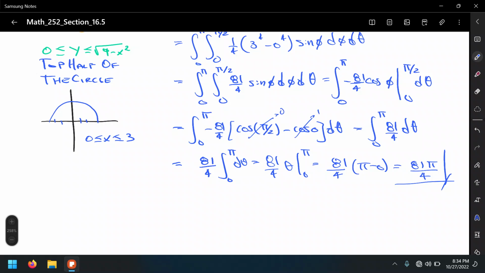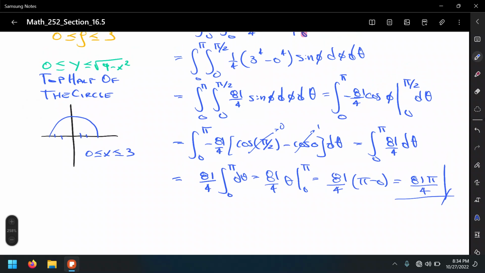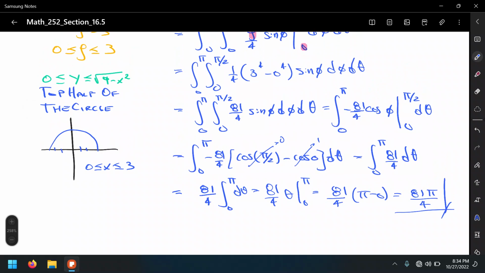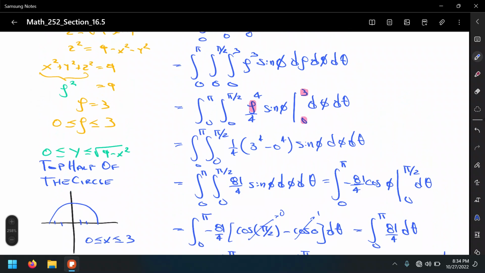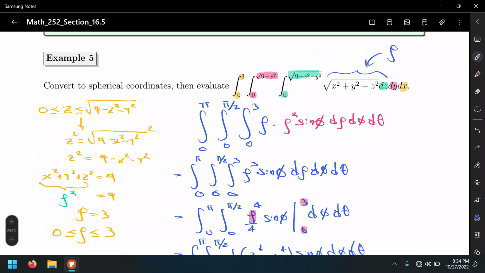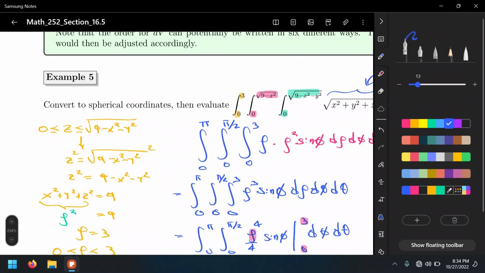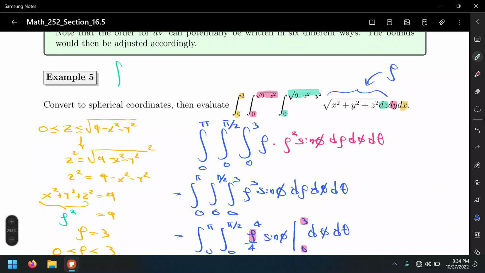Ultimately, all this madness, what are we really calculating? Let's observe the integral and see what it looks like. Recall that the triple integral of dv, when the integrand is only one, represents volume.